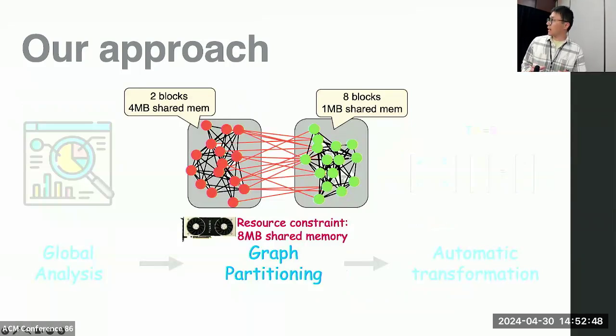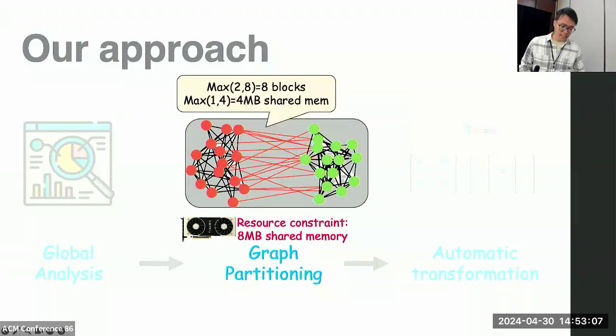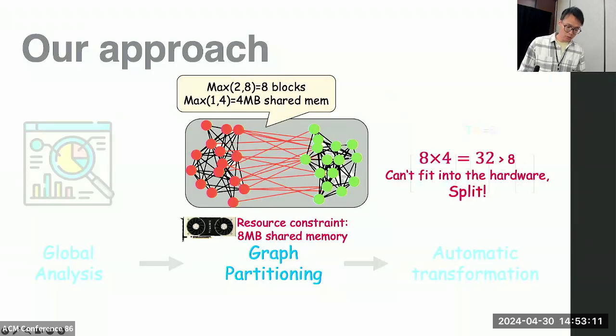The first part requires 2 blocks, and each block requires 4 MB shared memory. The second one has 8 blocks, with each block requiring 1 MB shared memory. The GPU has a total of 8 MB shared memory. So if we fuse them together, we need 32 MB shared memory, so we cannot fit on the hardware, and we need to split it.